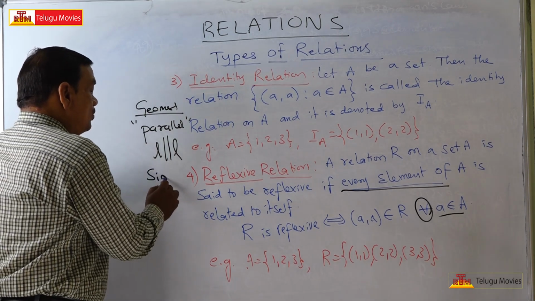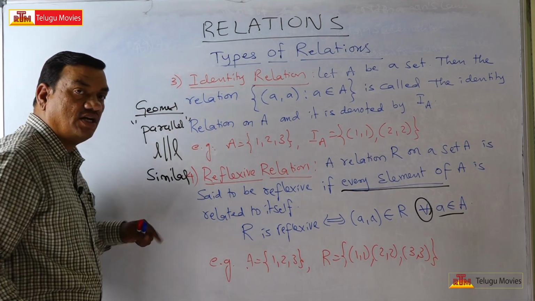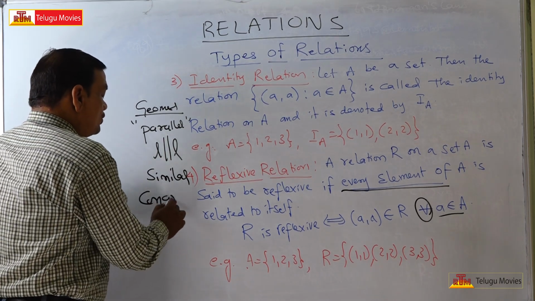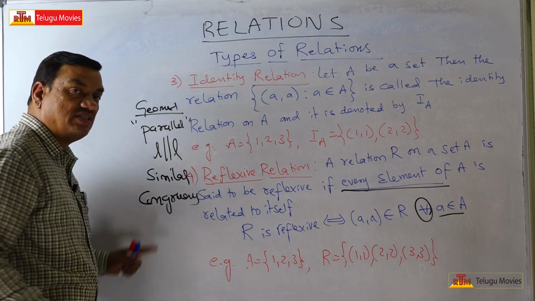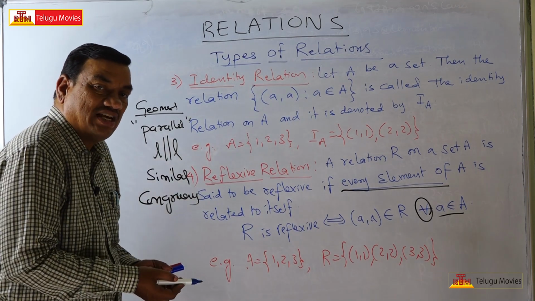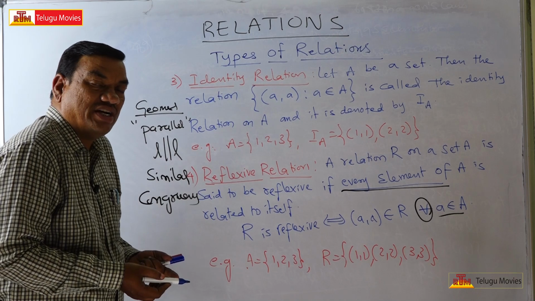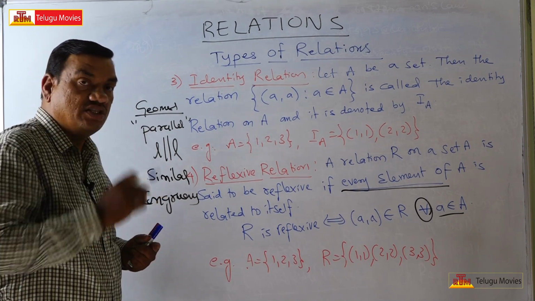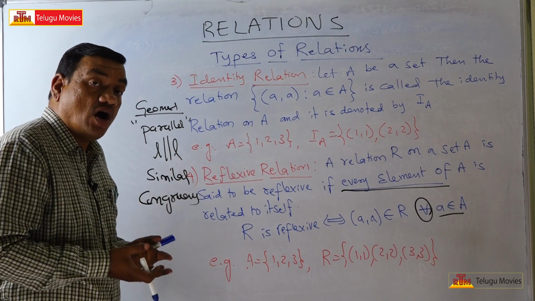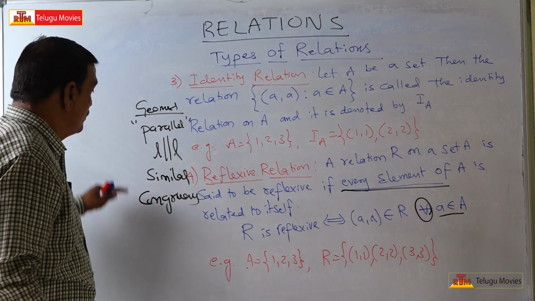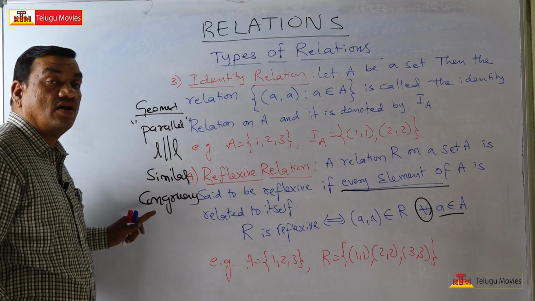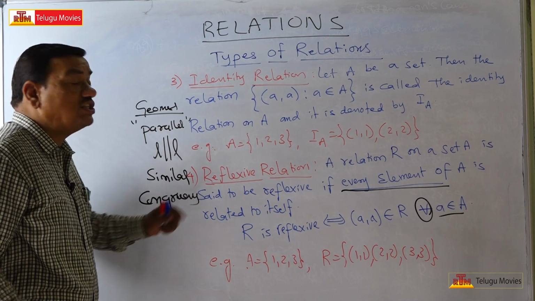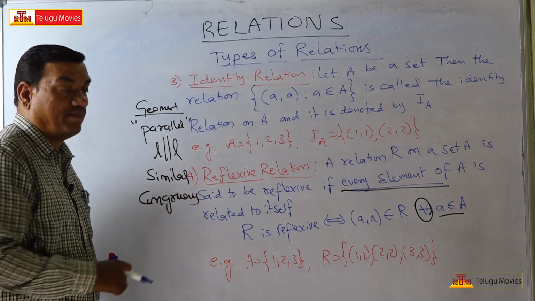Similar to: every triangle is similar to itself. Congruency: every triangle is congruent to itself. Every line segment is congruent to itself. Every regular polygon of n equal sides is congruent to itself. So parallel, similar, congruent, all these are reflexive relations in geometry.